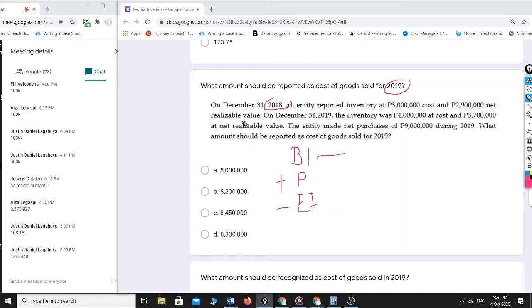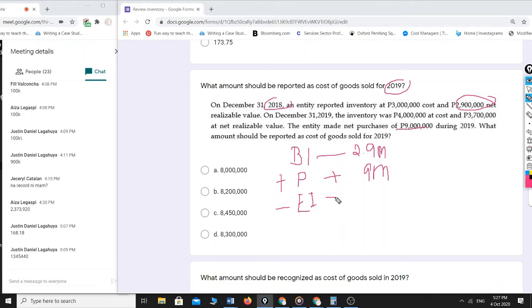But we should choose kung sa itong gamito na ni kaning 3 million nga cost or 2.9 million nga NRV. So, according to standard, LCNRV, lower of cost and net realizable value. So, we choose the NRV, which is only 2.9 million. Okay? Plus the purchases, of course, that is given 9 million. Plus na to.